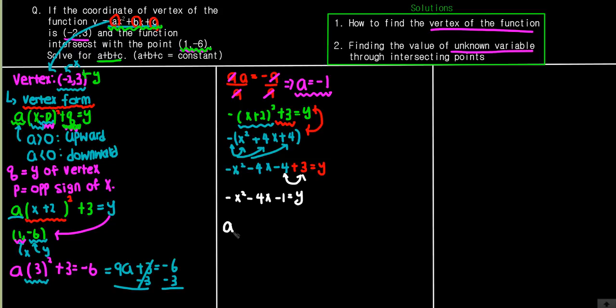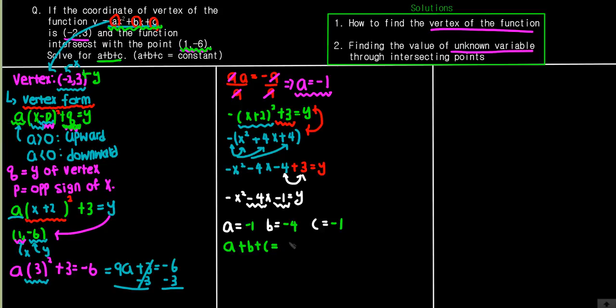And for the a value, we know that it is going to be equal to negative 1, as we found in the step above. And b is the coefficient of the first degree variable, which will turn into negative 4 in this case. And c is just a constant without any variable, which will turn into negative 1. But we are not done yet, because our ultimate goal is to solve for a plus b plus c.